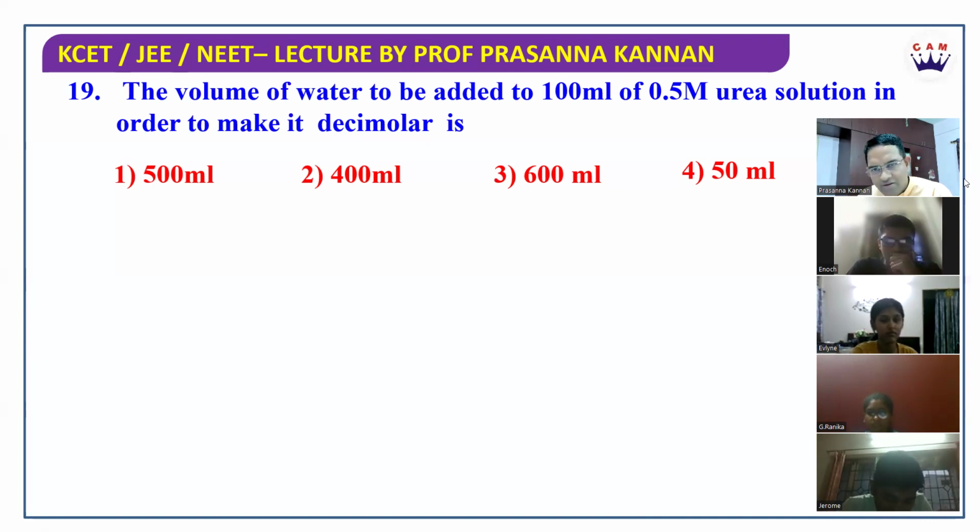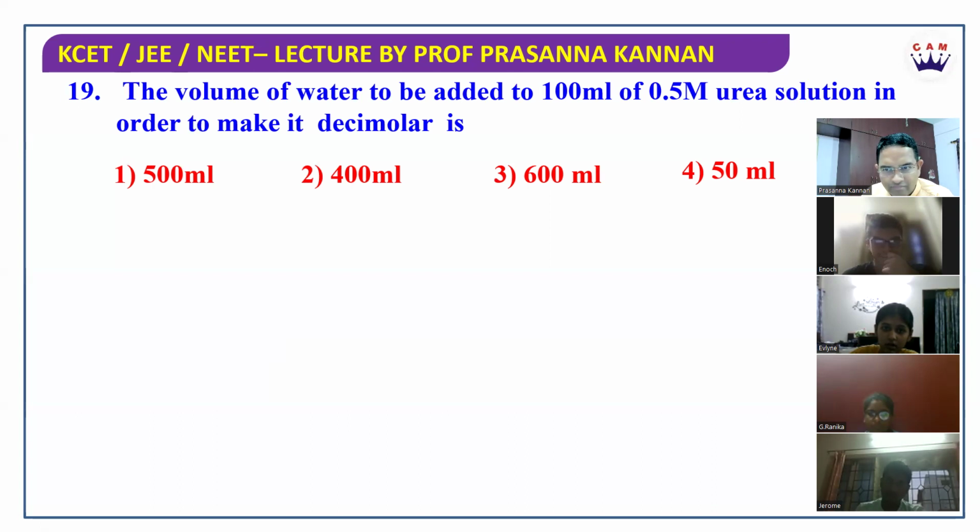Yes. And when you multiply that, get 7 ml, and molar mass of urea is 60. Correct. Very good. But you have to go into 500 molar mass. Tell me, Enoch. Then 500 ml is the correct answer, sir.